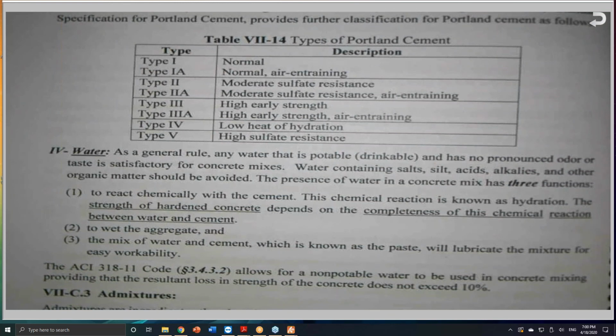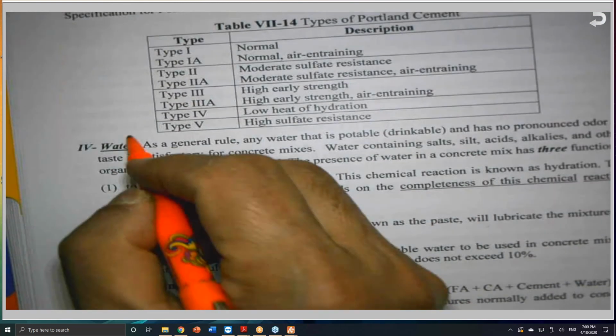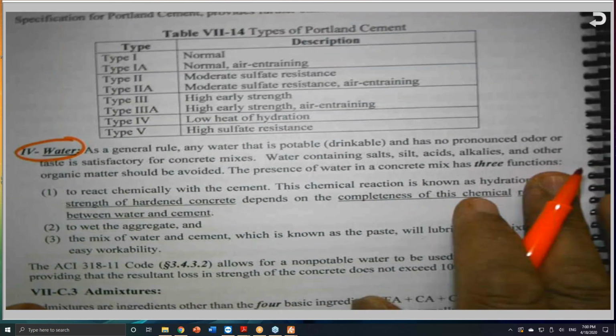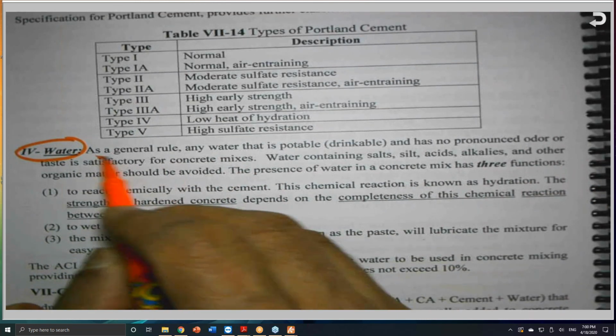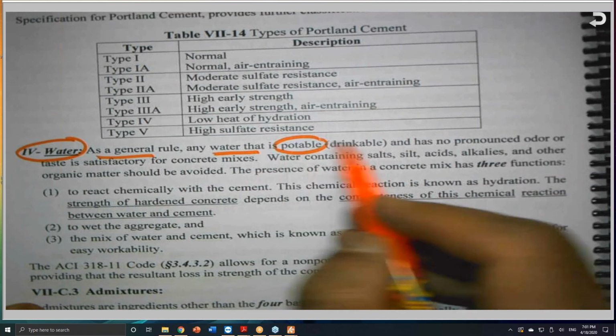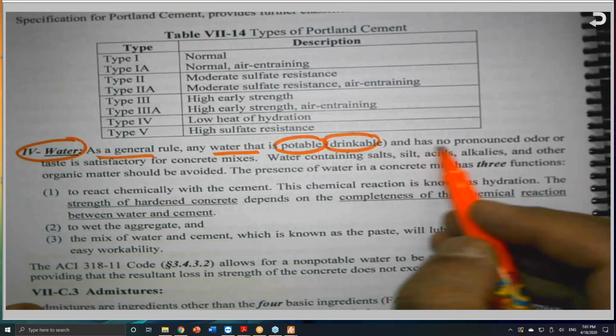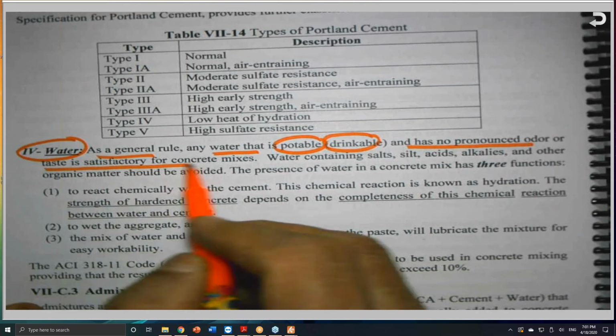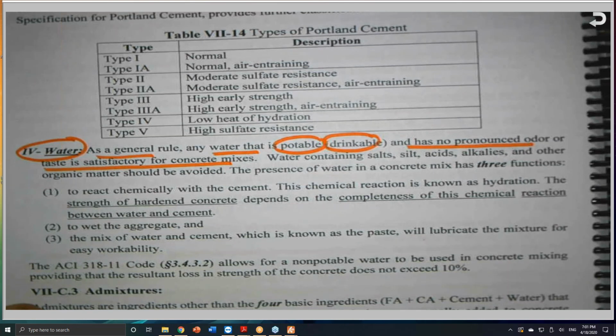When we come to the water, the code is saying that as a general rule, water that is potable or drinkable and has no pronounced odor or taste is satisfactory for mixing. This is the general rule.